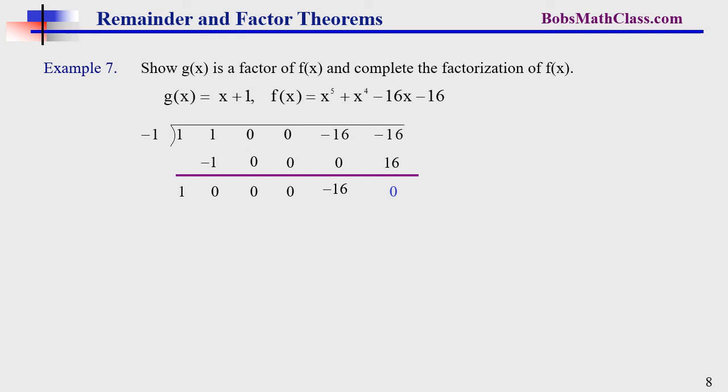It goes x to the 5th, then x to the 4th, and there is no x cubed, so you have to put a 0. There's no x squared, another 0. And then the 16x, so then you put the minus 16, and then the last term is minus 16. And our c is negative 1, so you go ahead and do your synthetic division, and we do get a remainder of 0.